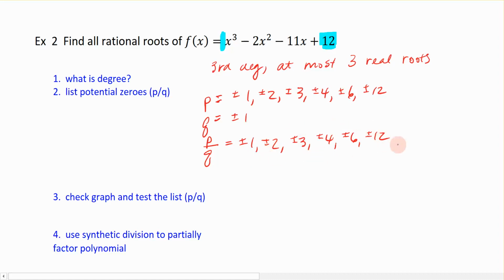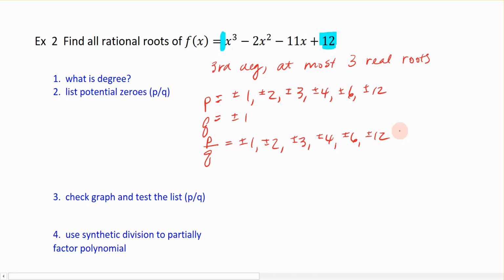A long time ago, we would take each of these numbers, both the plus and the minus, plug them in for x, and whenever we evaluated the function at one of these numbers and it came up to be 0, then that number was a zero for the function. So I would have to do that. How many is that? 1, 2, 3, 4, 5, 6 times 2, 12 times. Okay, I don't want to do that, so I'm not going to.